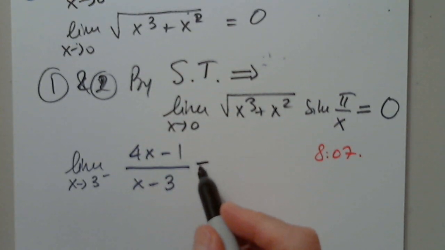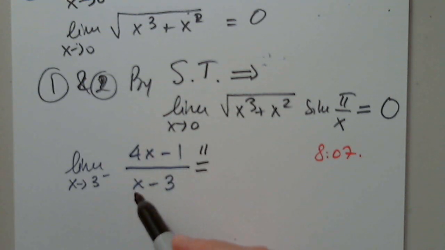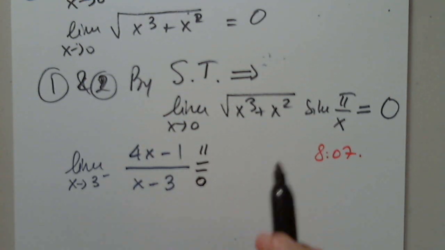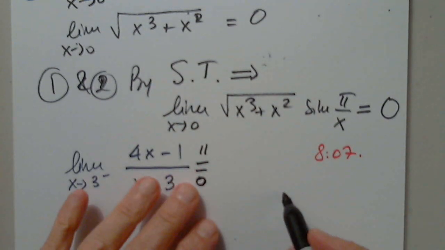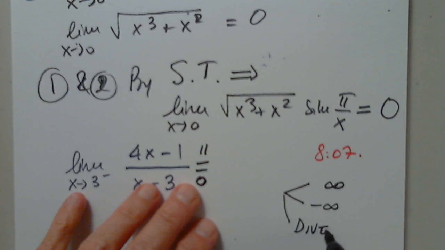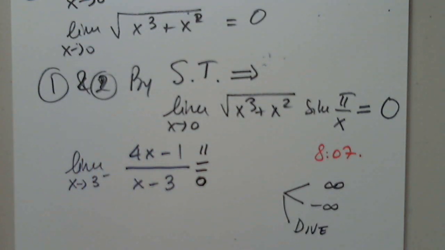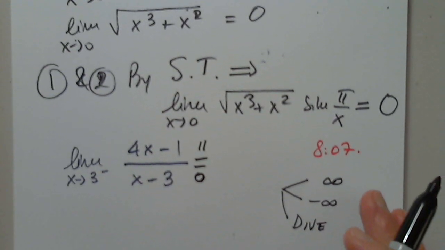So the first thing we do, we plug it in. 12 minus 1 is 11 over 0. We know that this is no hope, and we know that we have 3 possibilities, either infinity or negative infinity or DNE. We cannot jump into conclusions, right? We have to take it easy.